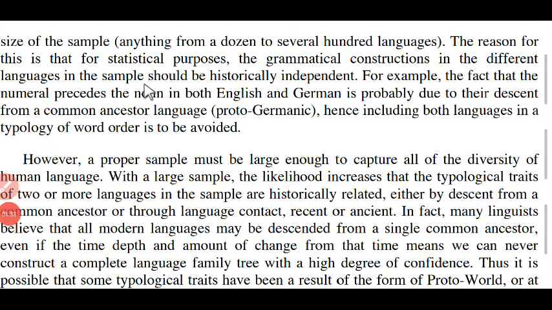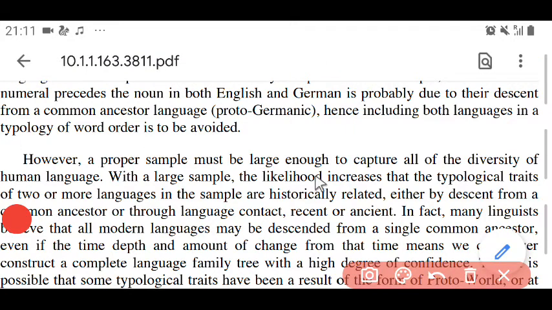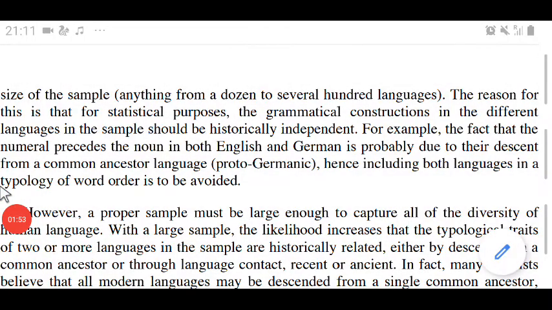The reason for this is that for statistical purposes, the grammatical constructions in the different languages in the sample should be historically independent.